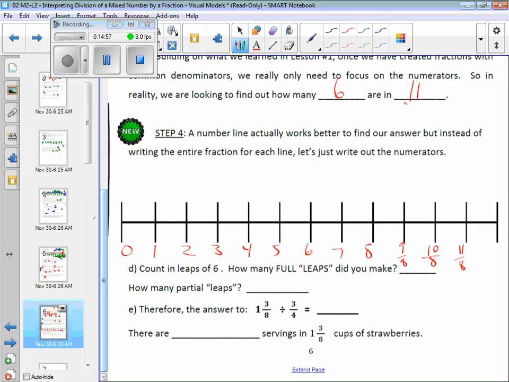What's our go-to? Where do we have to go to on the number line? This is my go-to. Make a dotted line. By how many?